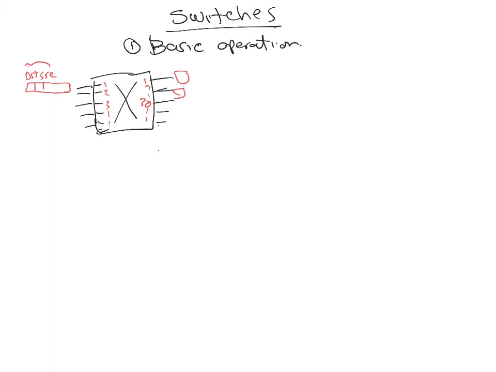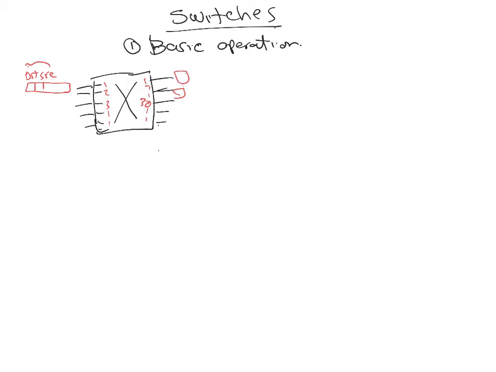The switch, by the way, could have 48 input and output ports, and enterprise switches may have more than that. So again, the switch needs to gradually build the knowledge about which destination MAC address is connected to which output port, based on a certain procedure.